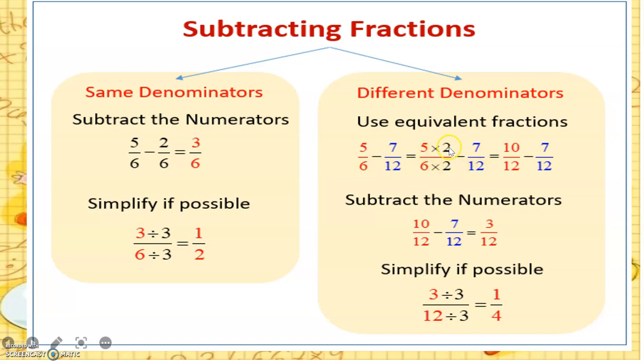So 5 times 2 equals 10, 6 times 2 equals 12. Then minus 7/12. Subtract the numerators: 10 minus 7 equals 3, and then copy the denominator: 3/12. Simplify if possible. 3 divided by 3 equals 1, 12 divided by 3 equals 4. So the answer is 1/4. Easy, right?